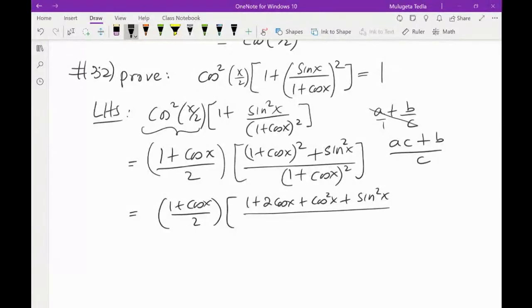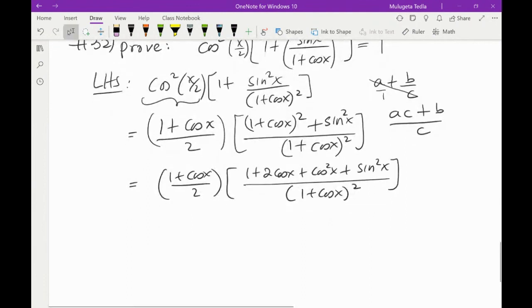Oh, it's coming right now. 1 plus cos x the whole squared. Did you see my expansion? The first square, plus 2 times the first times the second, plus the second square, plus sine squared was there already. So 1 plus cos x, again I have to clean up on the inside there.